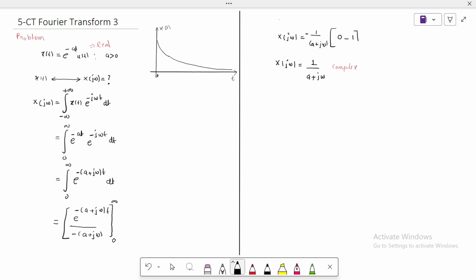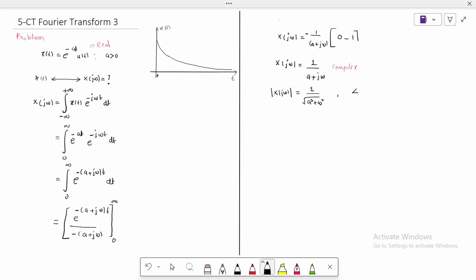For drawing this, first the magnitude of the signal. The magnitude of X of j omega equals 1 by under root of a square plus omega square. Then take omega on the x-axis, and for the corresponding omega we get different magnitude values.